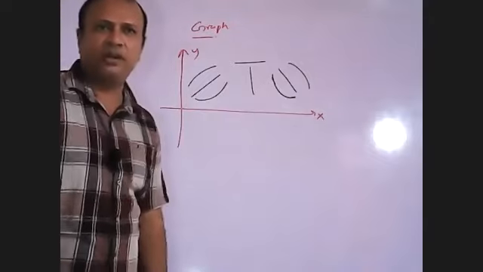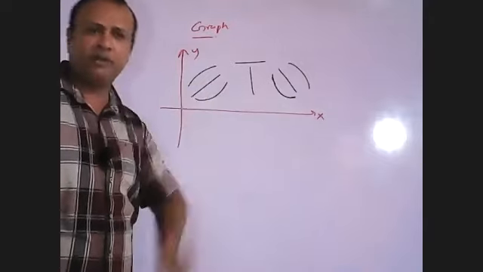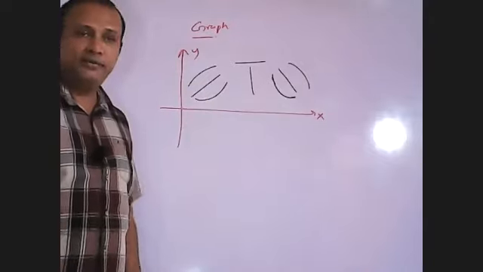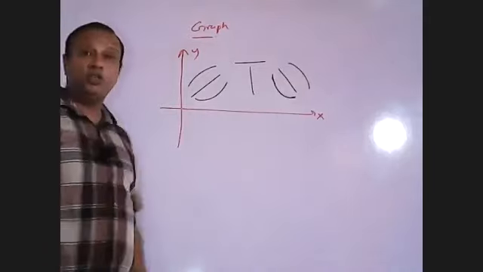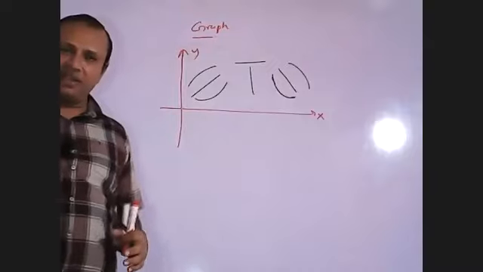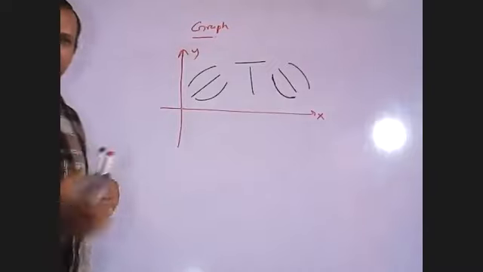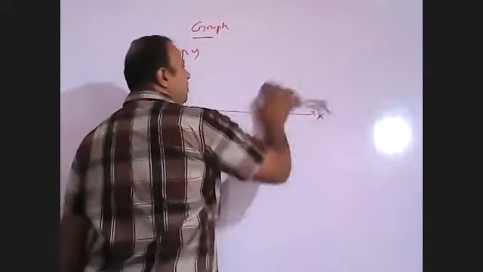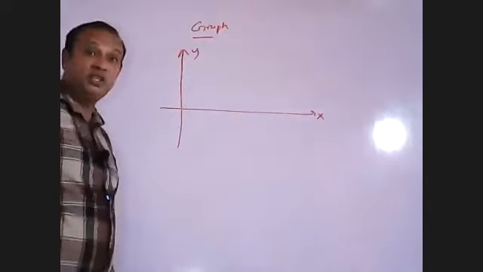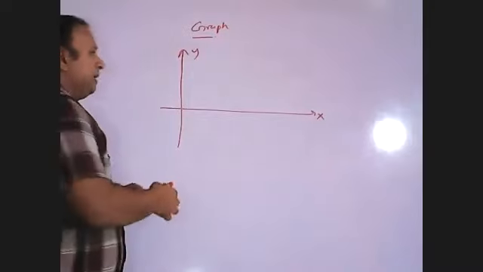The shape of a graph depends on the gradient. So now we are going to define the gradient of a graph. How to define a gradient? Please listen very carefully.